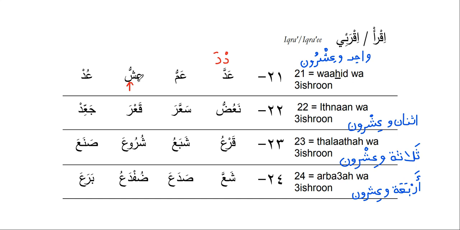Tafashi means the sound of sheen is like spreading. So that's why it is called tafashi. And the first sheen is with sukoon and the other sheen is with dammah. So your sound should be very clear. Aish, aish, and then aishu.